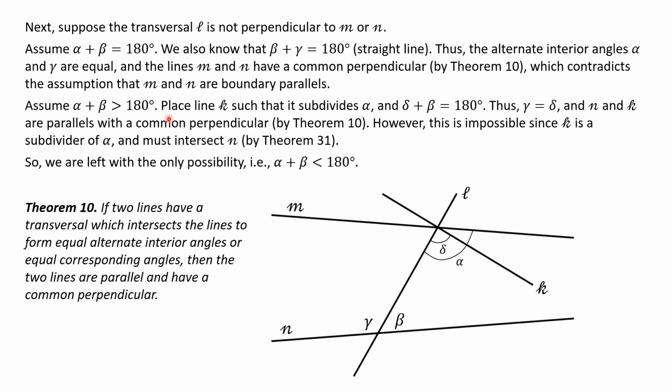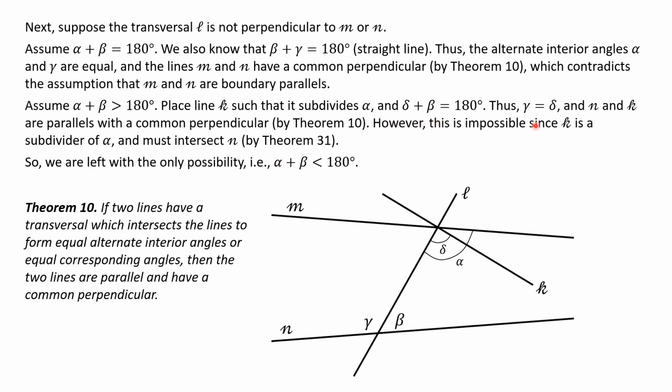Then we have a similar problem here. If alpha plus beta is greater than 180 degrees, then we can subdivide alpha with some line K, making an angle delta such that delta plus beta is 180 degrees. And in that case, gamma is equal to delta, and thus N and K are parallel lines with a common perpendicular by theorem 10 again.